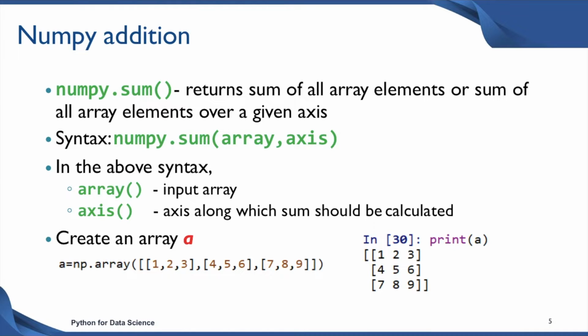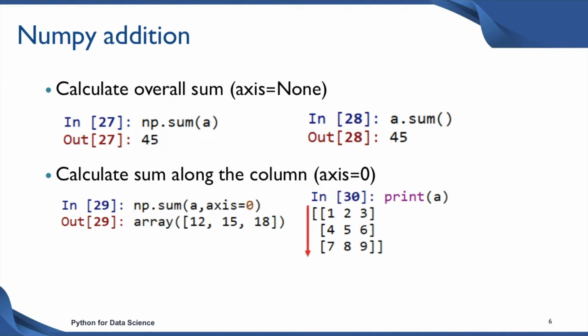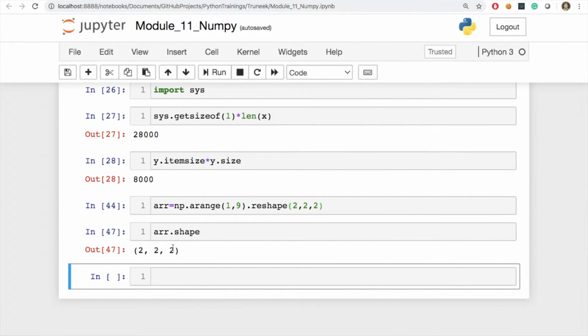If we want to calculate the sum down the columns, we specify axis equal to 0. If we specify axis equal to None, it will give us the overall sum. So let us try to see this.